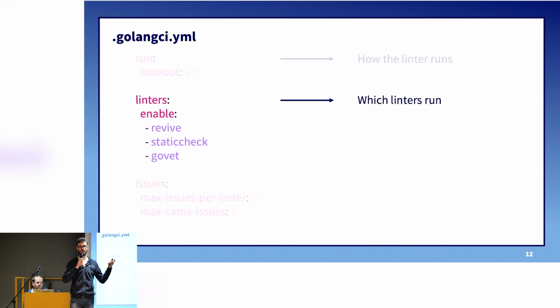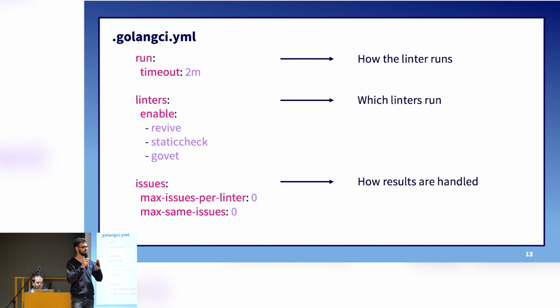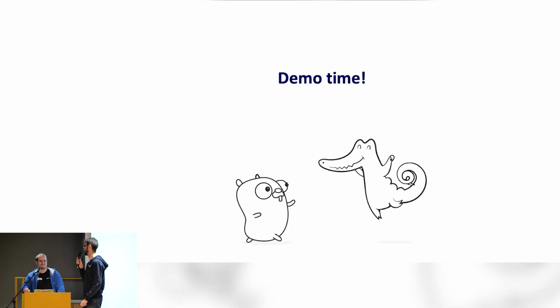Which linters are packaged in the linter runner, and which linter will be used, and how the results are handled. So it's very easy. And trust me, it's very easy, but I'm not asking you to trust me by my words. Please allow Gabriel to show you with a demonstration.